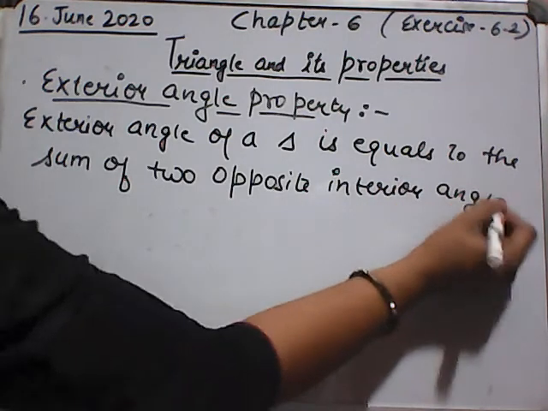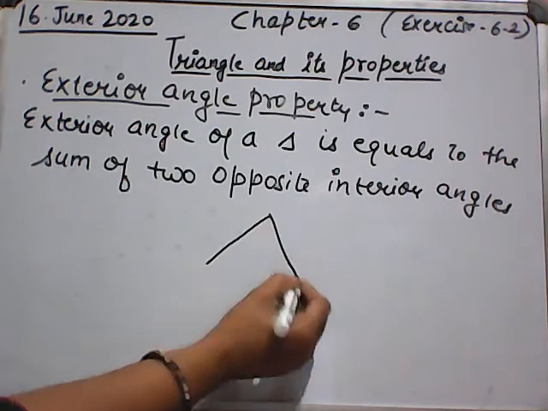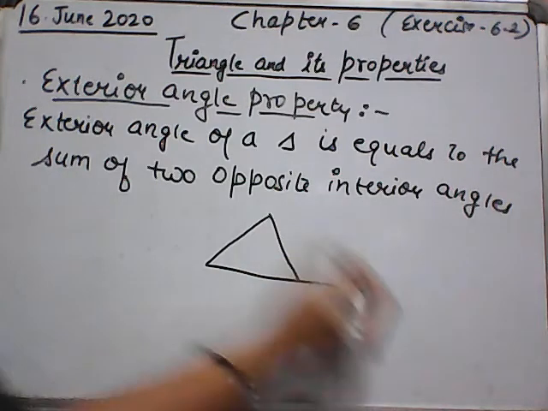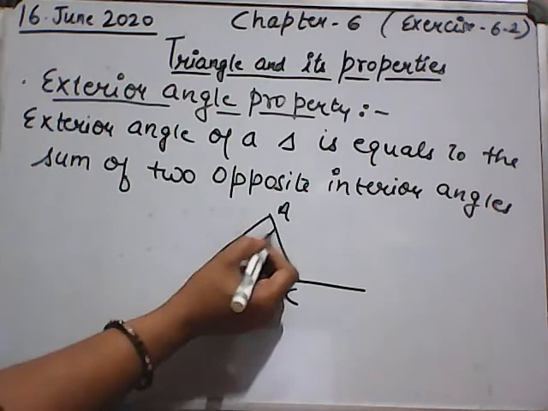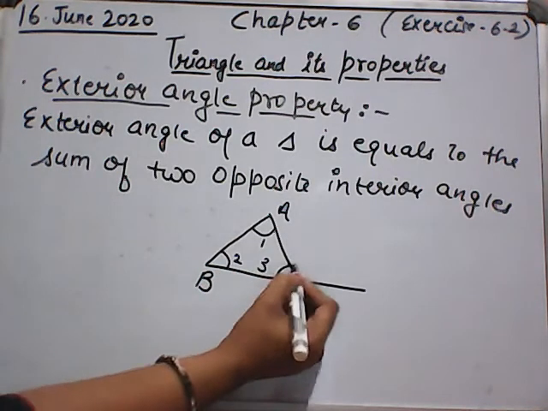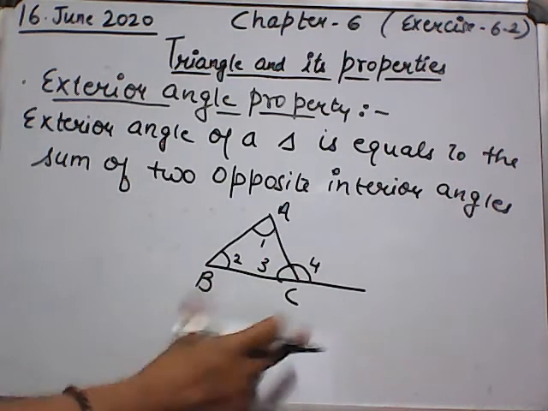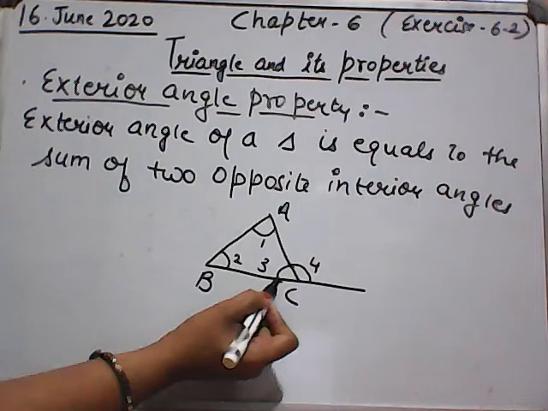It means that, suppose this is a triangle ABC, and these are angle 1, angle 2, angle 3 and angle 4. In this triangle, angles 1, 2 and 3 lie inside the triangle.